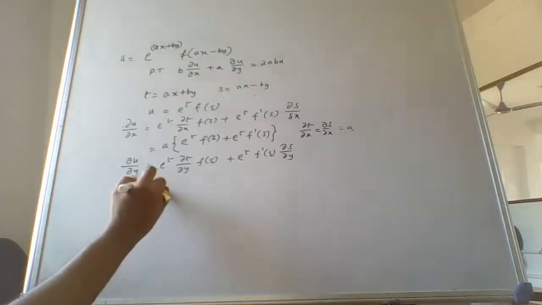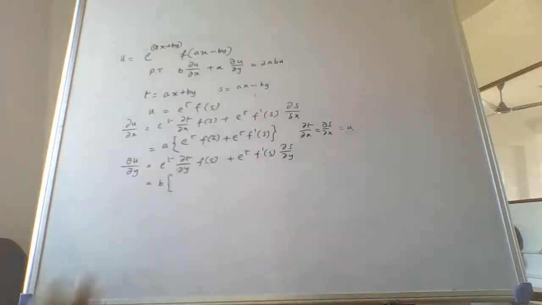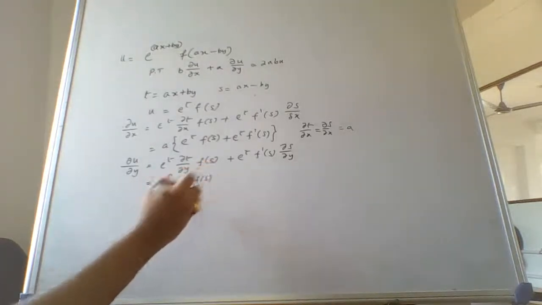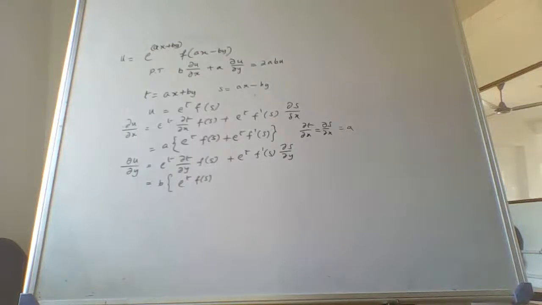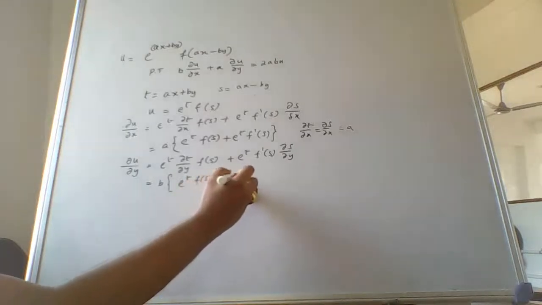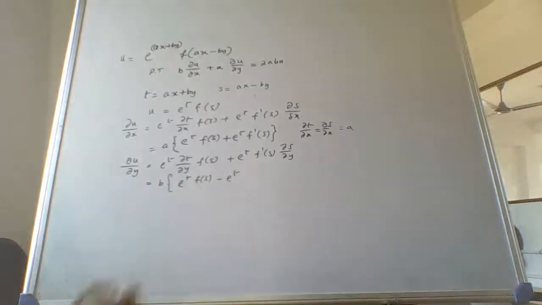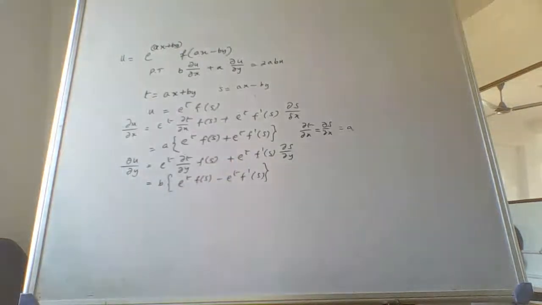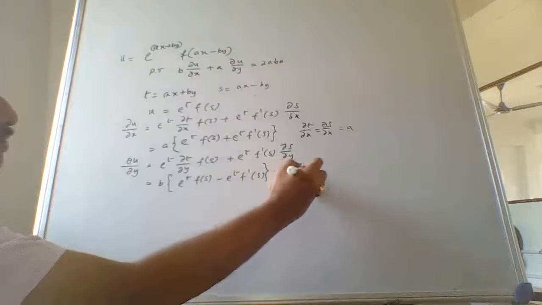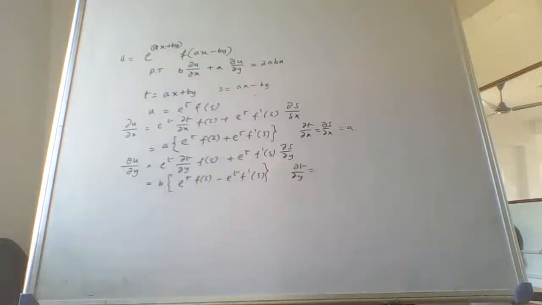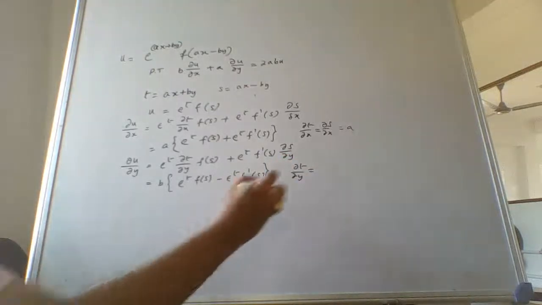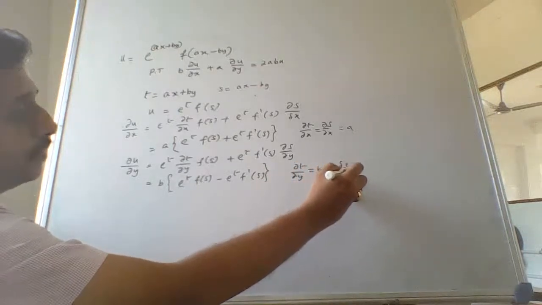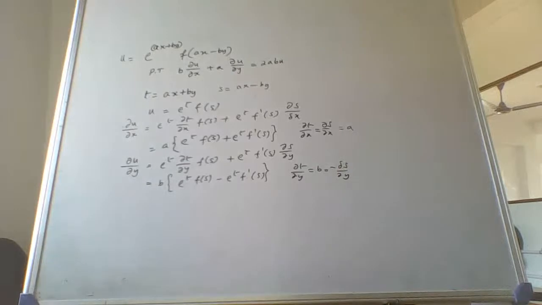So this is b times (e to the power of t f of s minus e to the power of t f dash of s). What we have done is dou t by dou y is equal to b, and dou s by dou y is equal to minus b. So I've taken this.